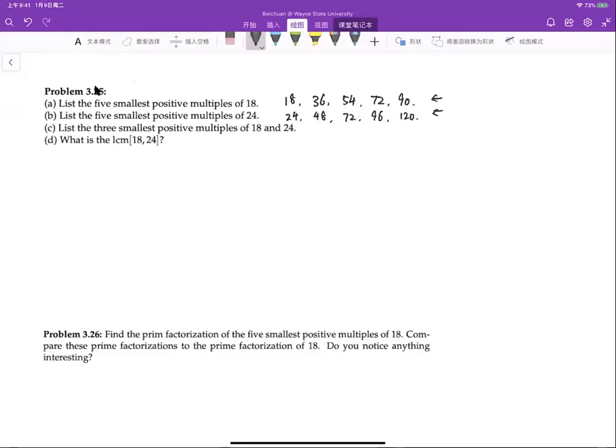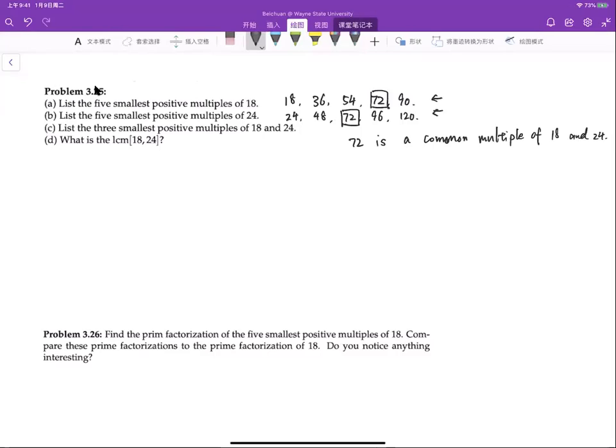I'm sorry, what did you say? I said they both have 72. Yes, they both have 72. So in this case, we can say 72 is a common multiple of 18 and 24.